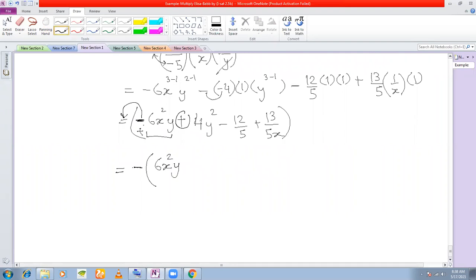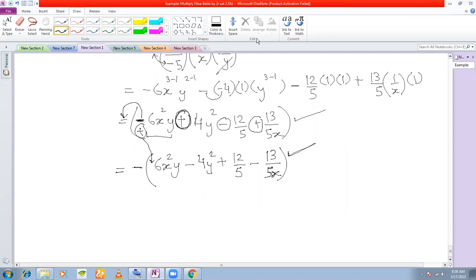This plus sign here will become a minus sign. This minus sign here will become a plus sign. And this plus sign will become a minus sign. Okay. So this is a better way of writing. Although even if you leave your answer here, it will be no problem, but try to write it in this manner, because this kind of expressions we'll be using later on in algebra. So I'll stop here for today.